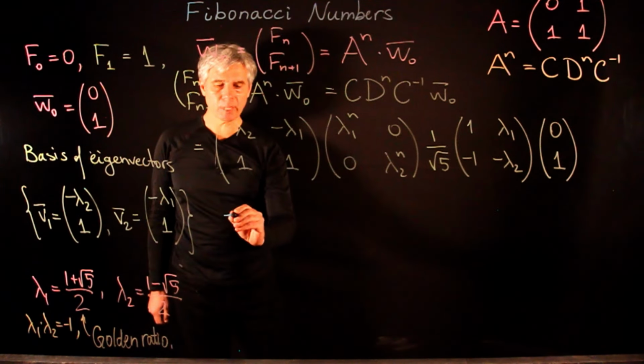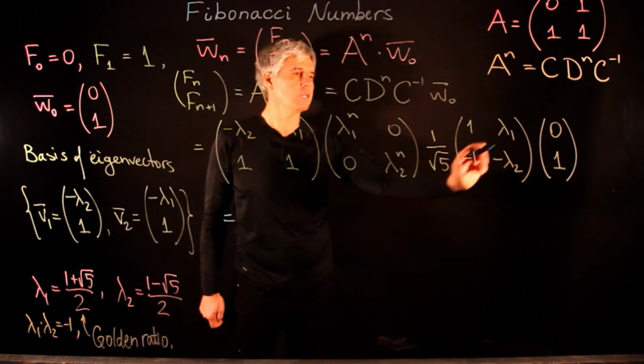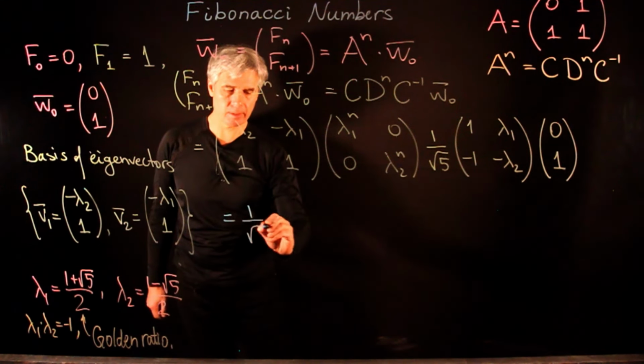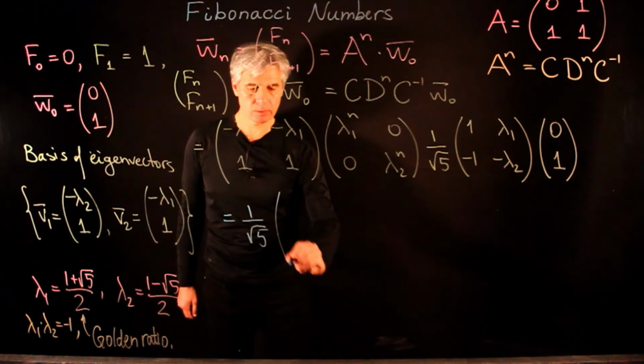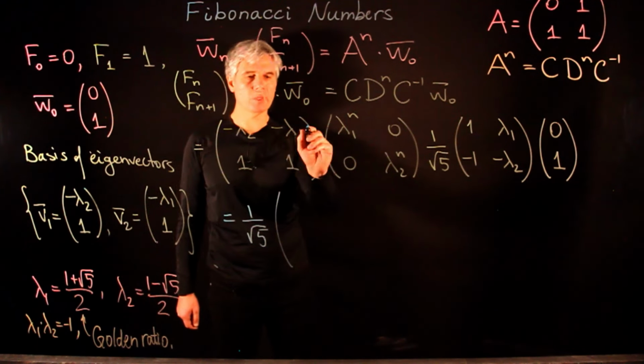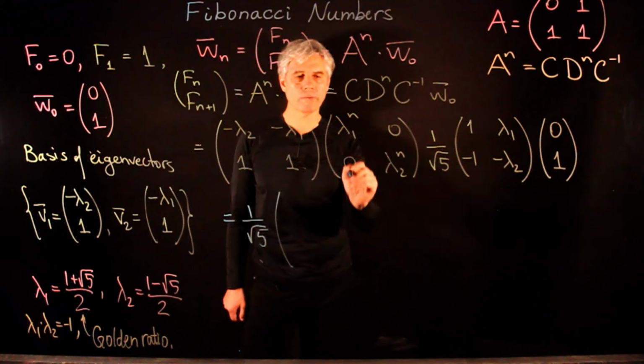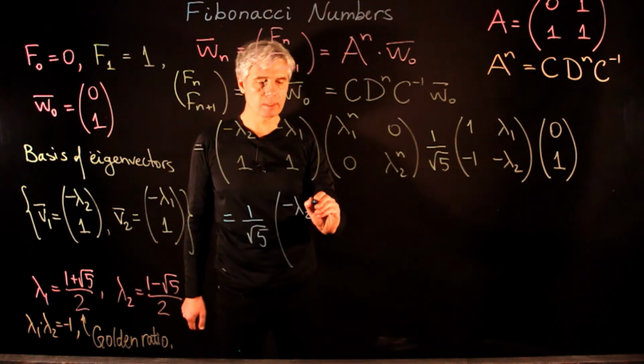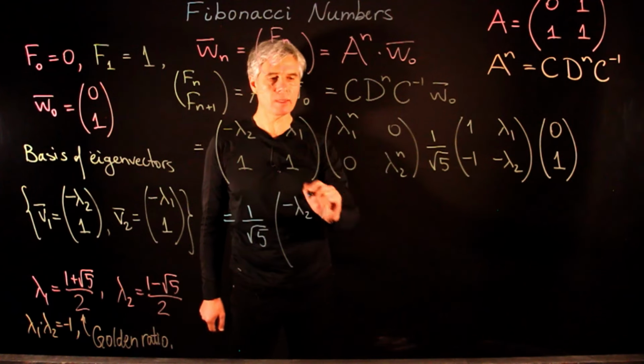Let us multiply the first two factors and the last two factors, and we put 1 over square root of 5 in front. So the first product will be, we take dot products of first row with first column. So here we get minus lambda 2 times lambda 1 to the power n.